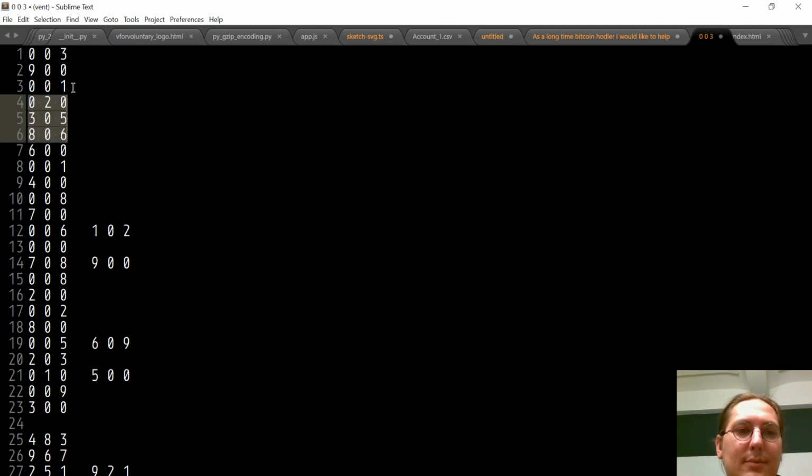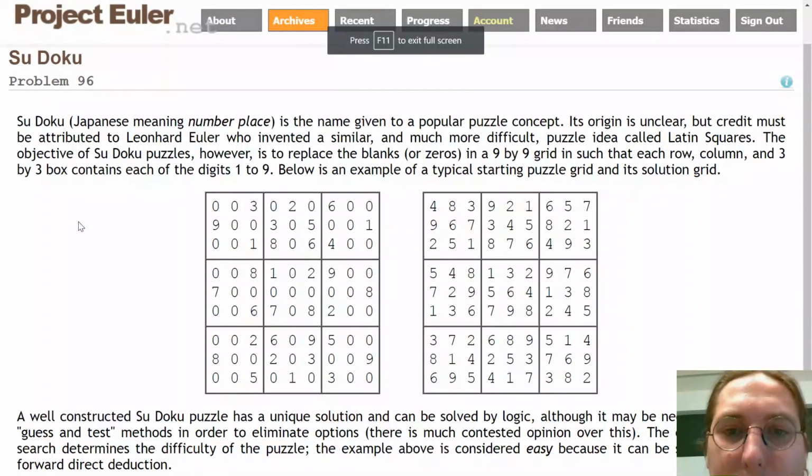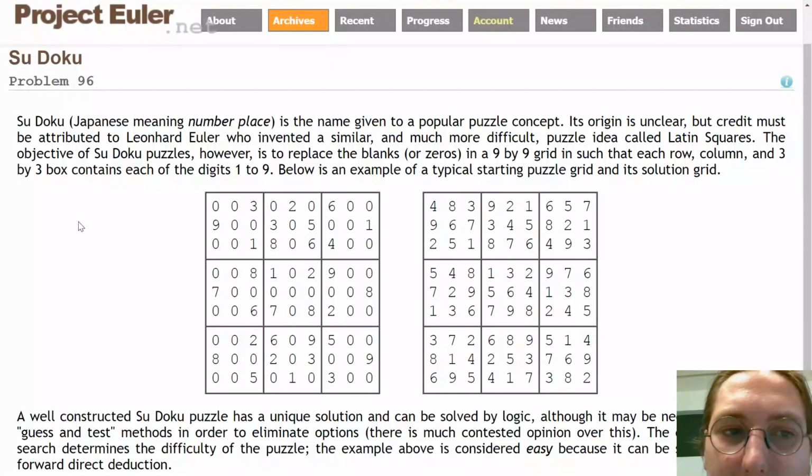Yeah, because Euler invented a similar and much more difficult puzzle idea called Latin squares. Replace the blanks in a 9x9 grid such that each row is... Oh, we just did a well-constructed Sudoku puzzle, a unique solution that can be solved by logic, although it might be necessary to employ guessing tests.